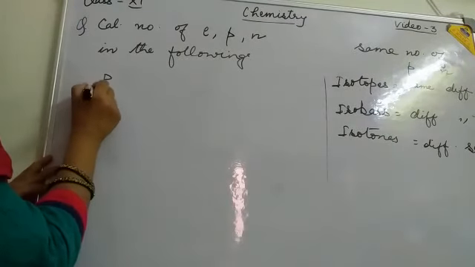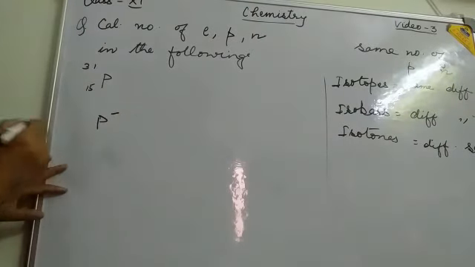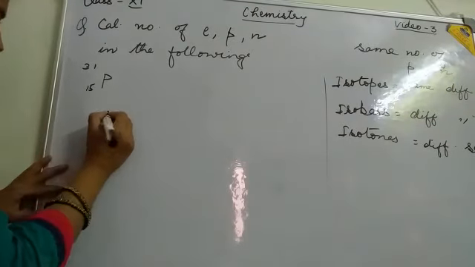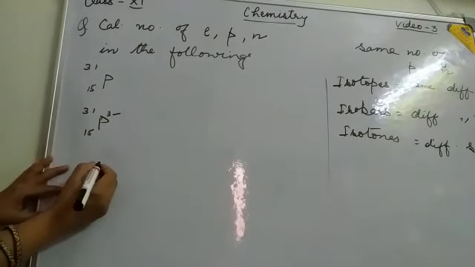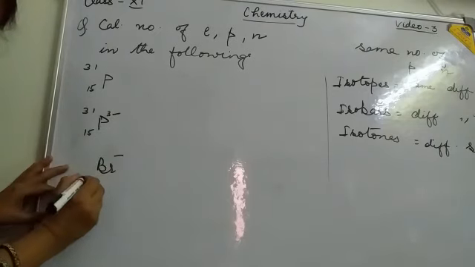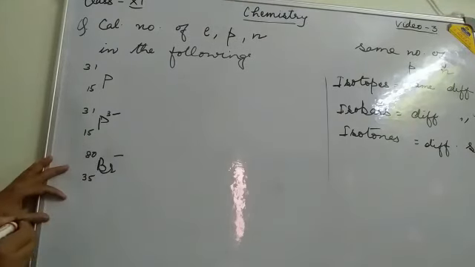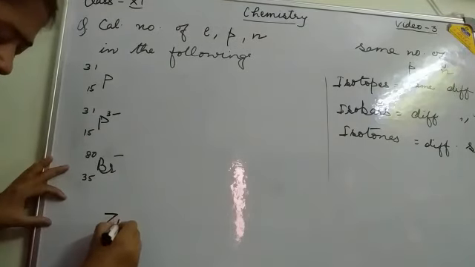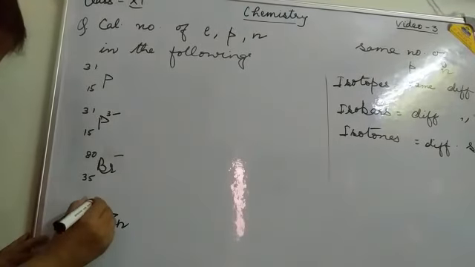Phosphorus 15, 31, phosphorus 3 minus, 15, 31. Next is bromine 35, 80 and zinc 30, 64.